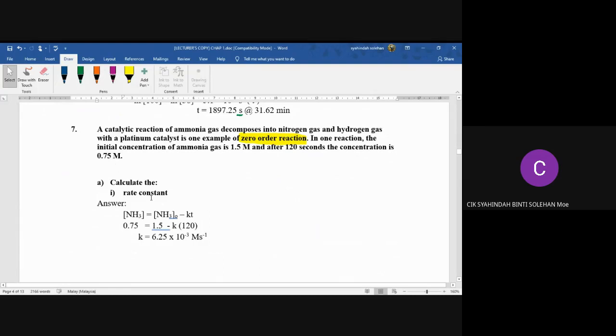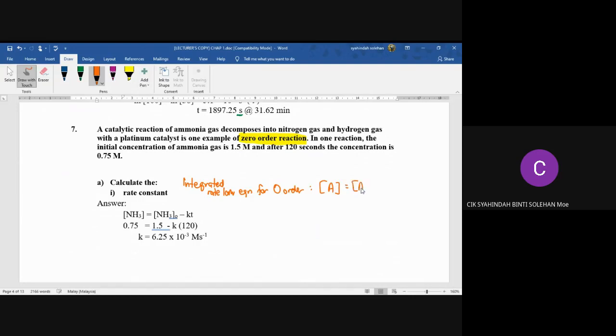Calculate the rate constant. So untuk calculate the rate constant, you kena ingat integrated rate law equation for zero order. So what is it? It's gonna be concentration of your reactant is equal to concentration of your reactant initial minus kt.